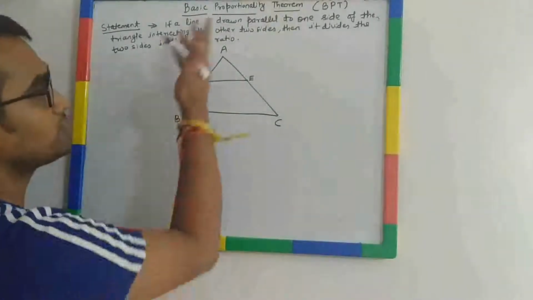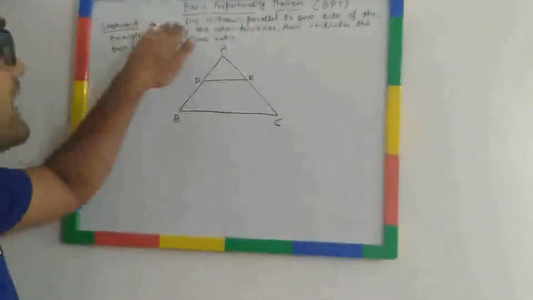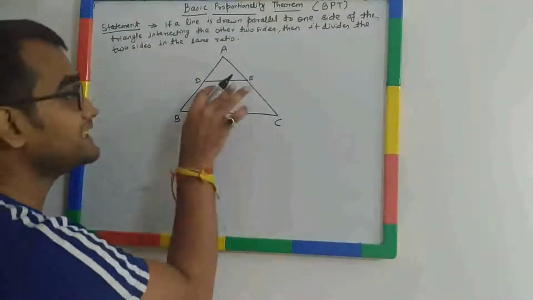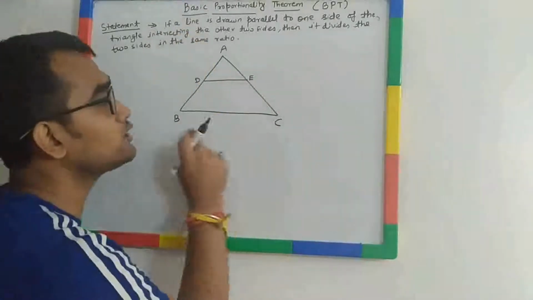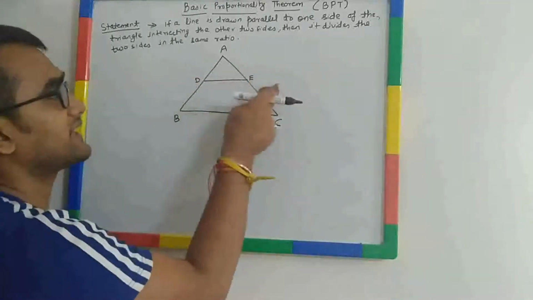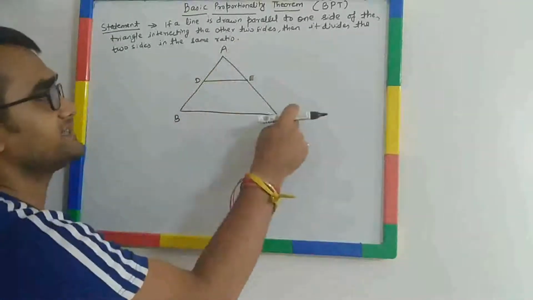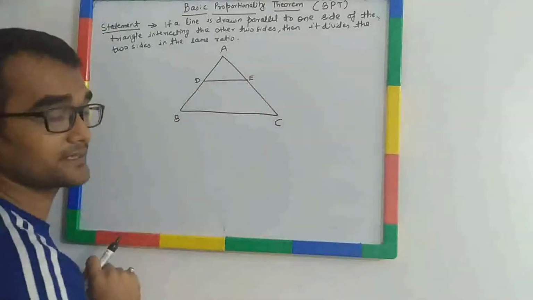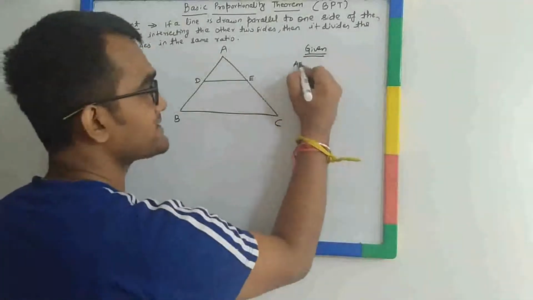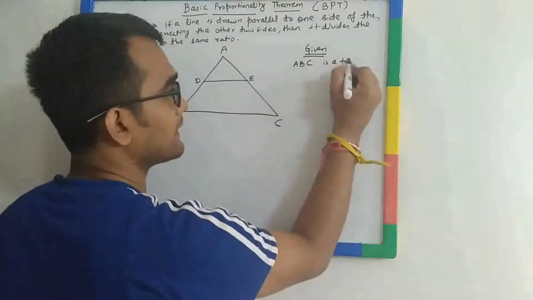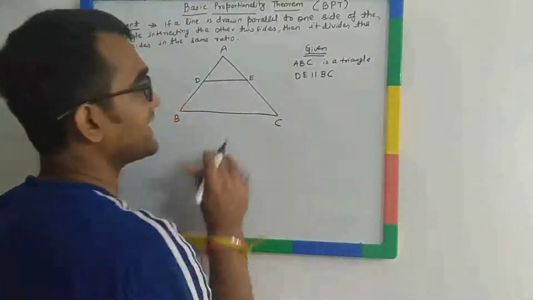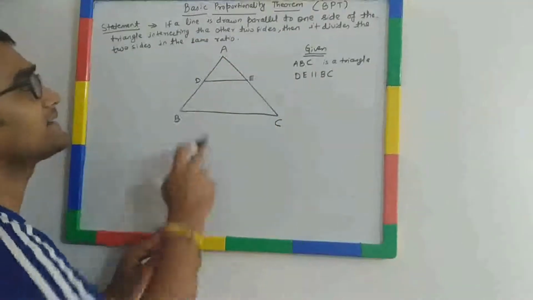So, from the theorem, as it is written that if a line is drawn parallel to one side of the triangle intersecting the other two sides, so DE is that line which is drawn parallel to BC side of the triangle, and DE is intersecting the other two sides of the triangle, that is AB and AC, at point D and E. So the given things are ABC is a triangle, DE is the line which is drawn parallel to BC and it intersects AB and AC at D and E.